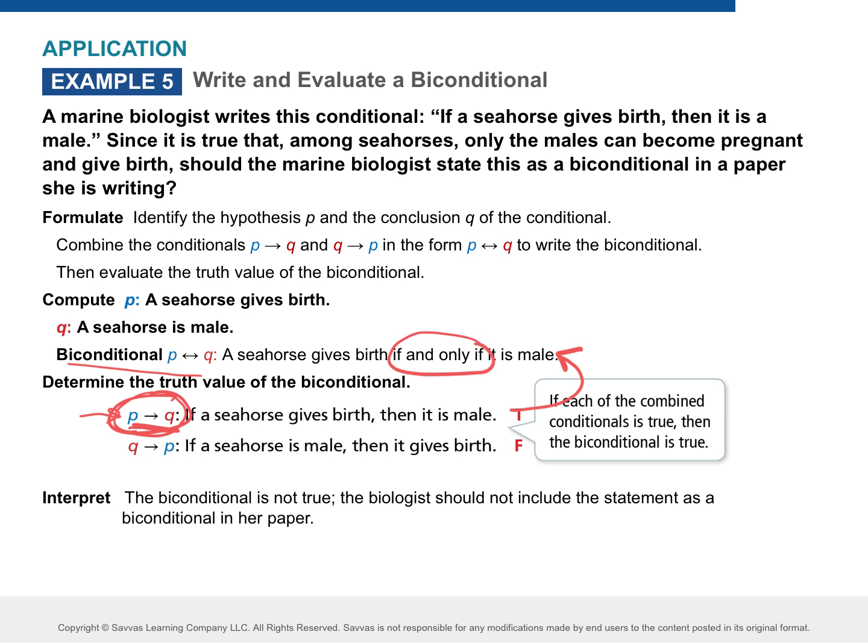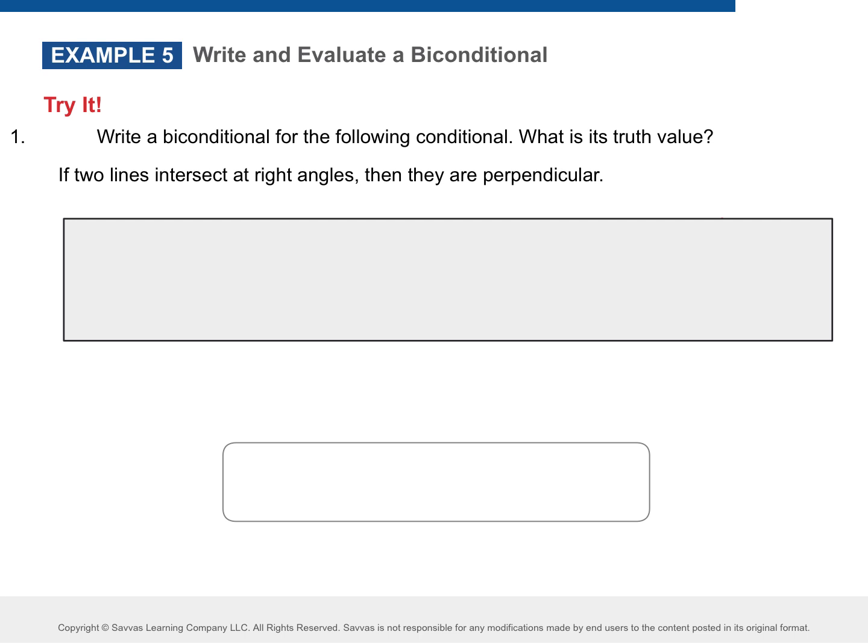Okay, so look at this table. Let's look at this one together. This is your number 5. If 2 lines intersect at right angles, then they are perpendicular. So what's happening is we're taking out the if and the then, and what are we substituting? If and only if. Yep, so that if and only if goes in the middle of the 2.